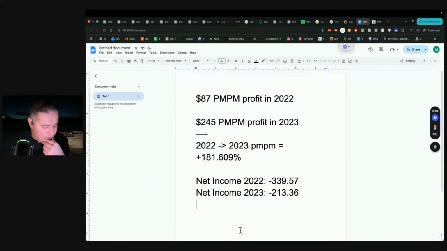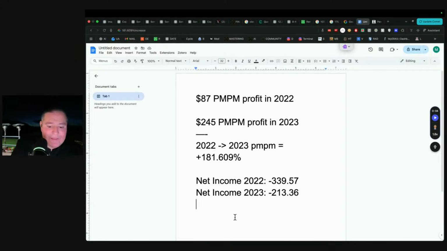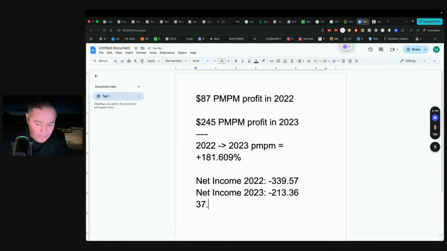So if you convert it, yeah, so it's about a 37.17% improvement, which they were able to drop.